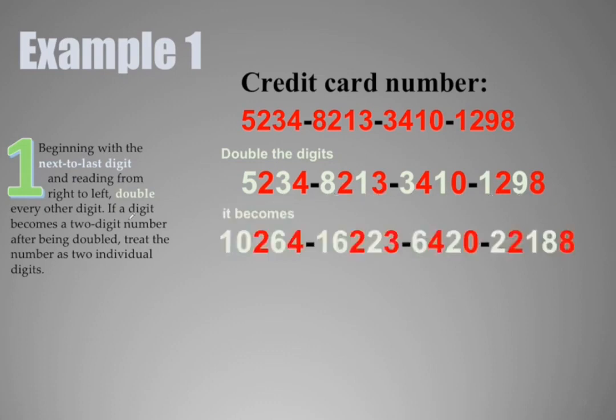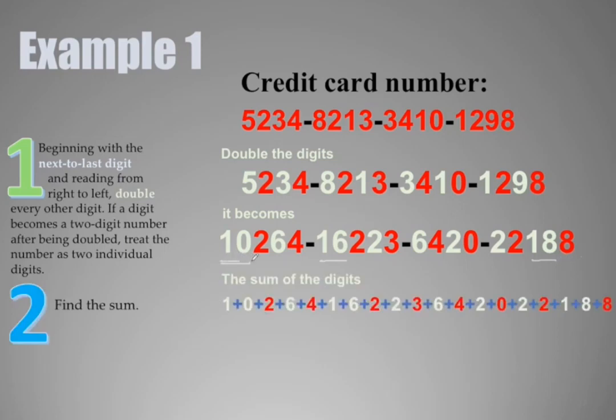And if a digit becomes a two-digit number after being multiplied by 2, just like 10, 16, and 18, treat the numbers as two individual digits. So 10 becomes 1 plus 0, 16 becomes 1 plus 6, and 18 becomes 1 plus 8.